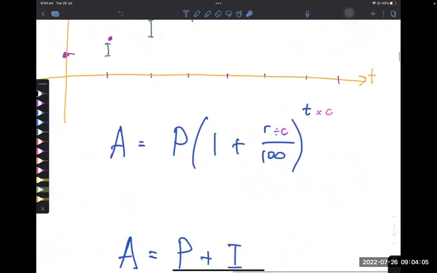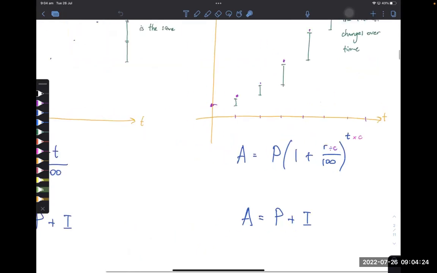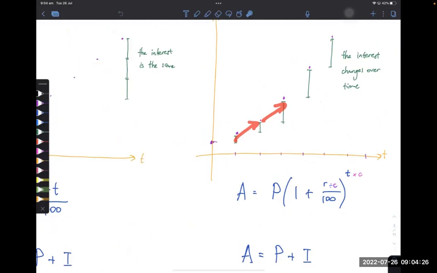Now the part with a C in it is a bit of an extra part. That's what happens when we get to year 11 general maths or year 12 general maths. Okay, so this is talking about compound periods, which is basically how many times it compounds or how many times it snowballs a year. So you can see this is almost like a snowballing effect. It gets bigger and bigger and bigger every time.